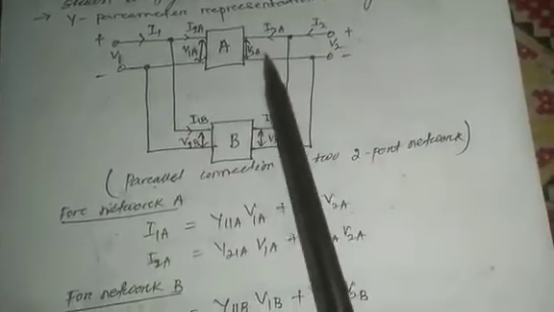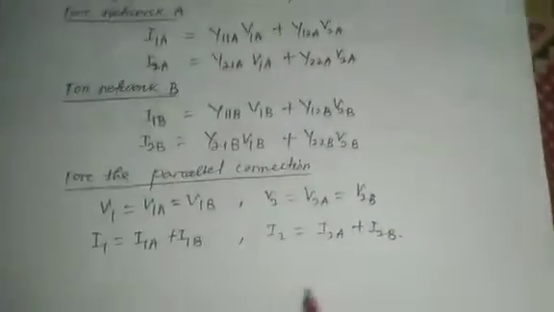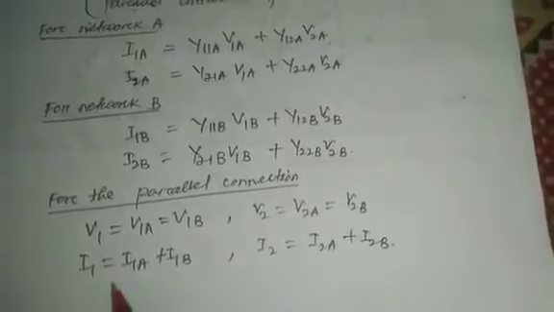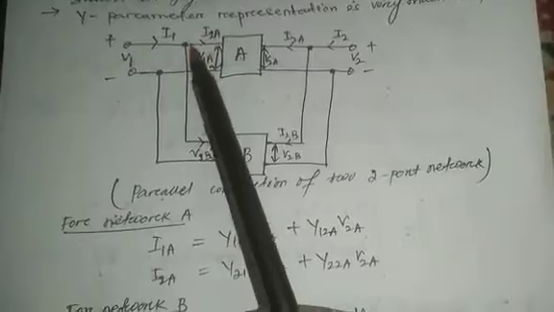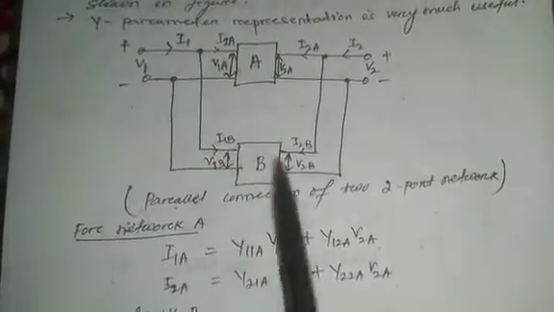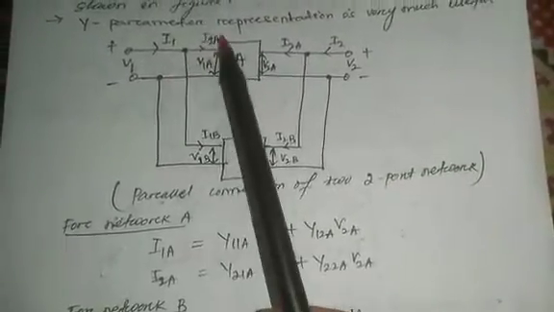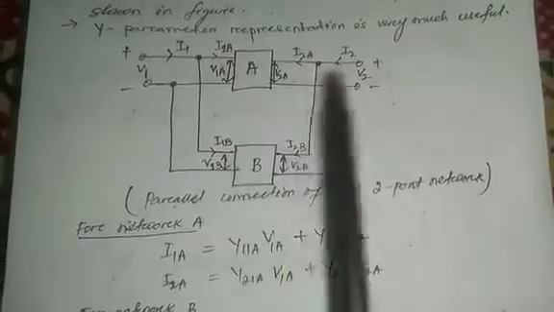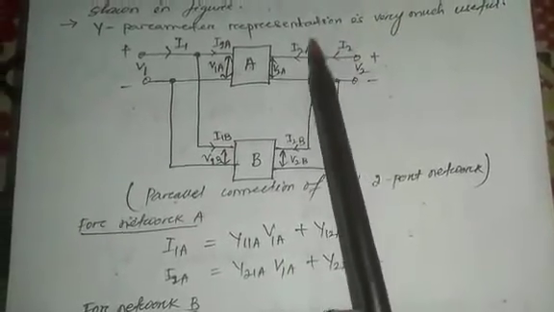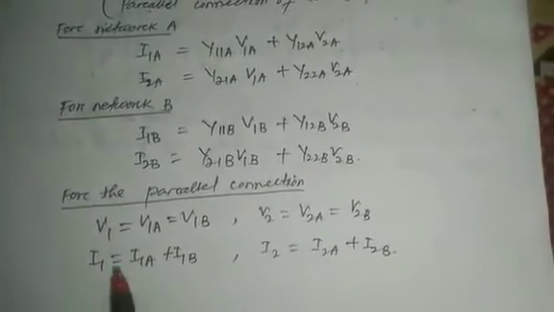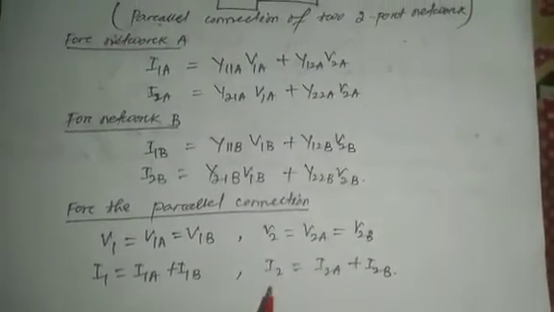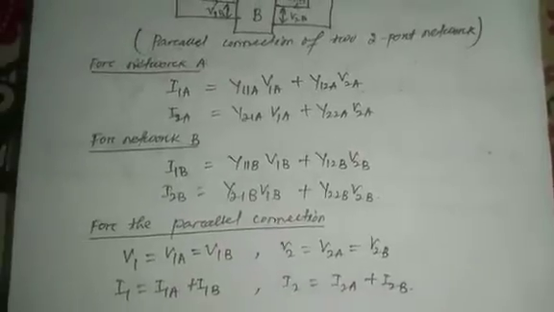Similarly, V2 is equal to V2A is equal to V2B. And the total current I1 is equal to I1A at this point plus I1B at this point, that is, I1 is equal to I1A plus I1B. Similarly, I2 is equal to I2A plus I2B.